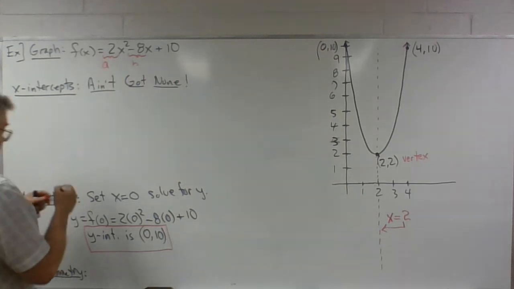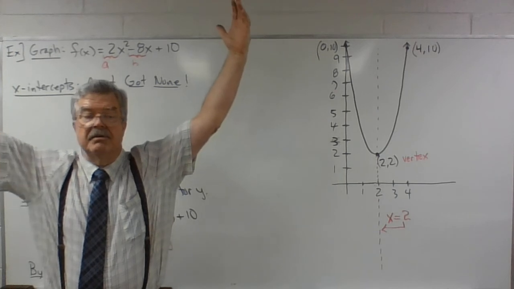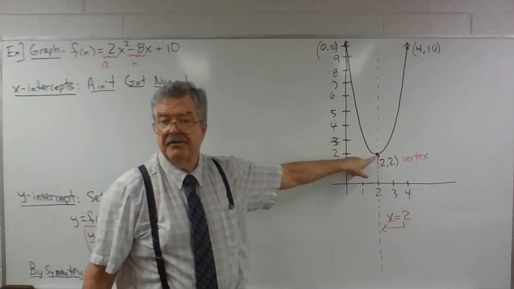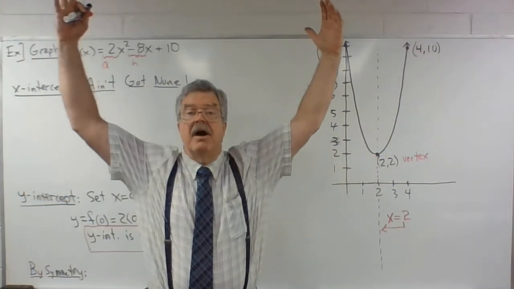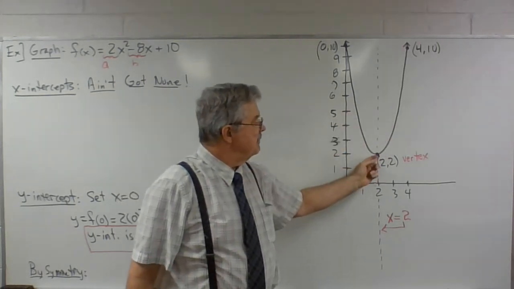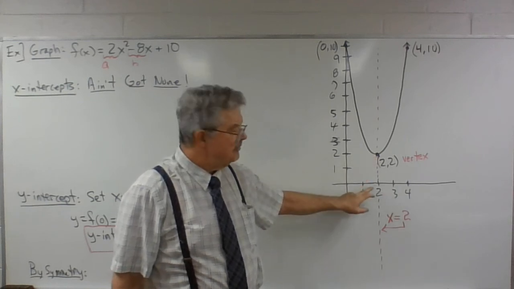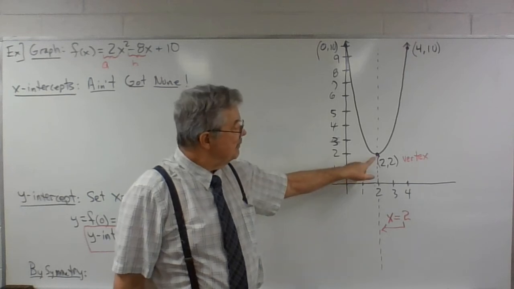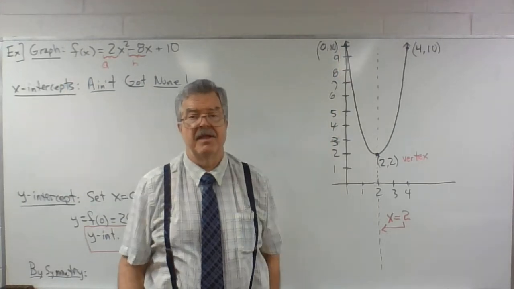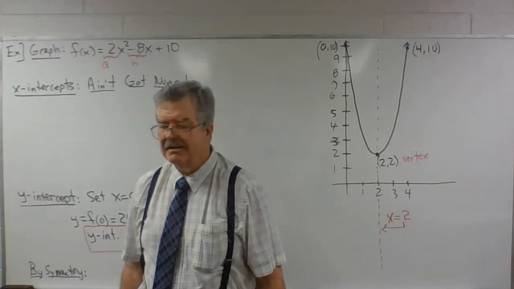A is positive, so we said this graph is going to open up. We're at the vertex, which is above the x-axis, and the graph opens up. The graph's going to go upward from this point. So there's no way in the world that this graph can intersect the x-axis. The vertex lies above the x-axis and the graph goes upward from the vertex. So as far as x-intercepts go, ain't got none.